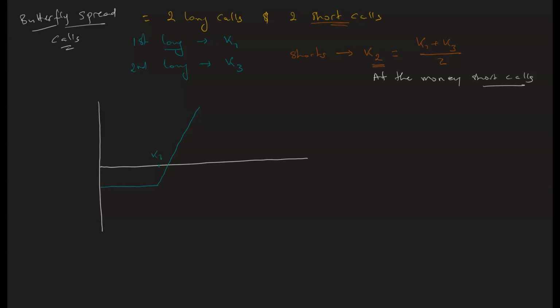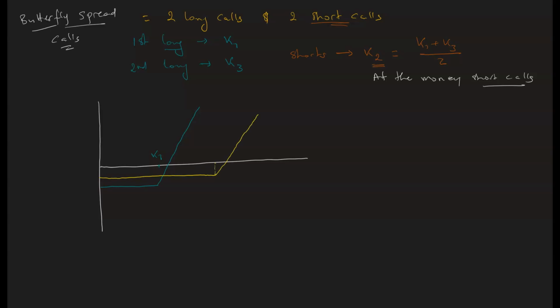And then we're going to take another position in a call option as well. That's going to be a second long call at the strike price of K3. Let's say our second long call could be here with the strike price of K3.